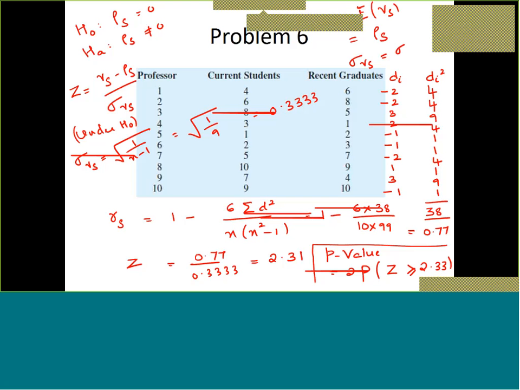In the formula, Z is nothing but: RS is your random variable, so RS minus its mean by its standard deviation. The mean of RS, the expected value of RS, is always rho S. And sigma RS is the sigma you are talking about. The sigma RS formula is square root over 1 by n minus 1.